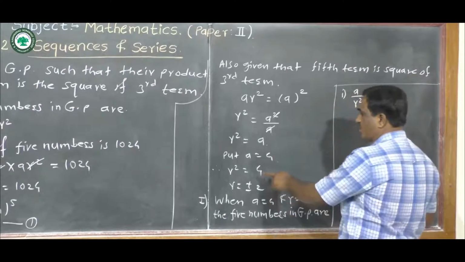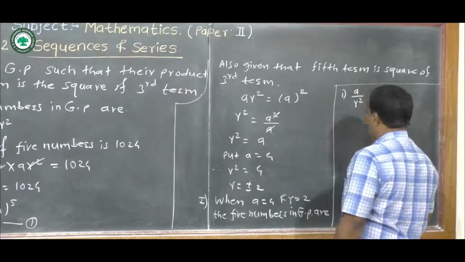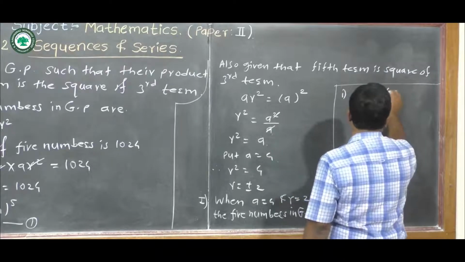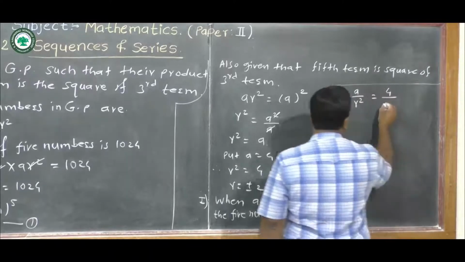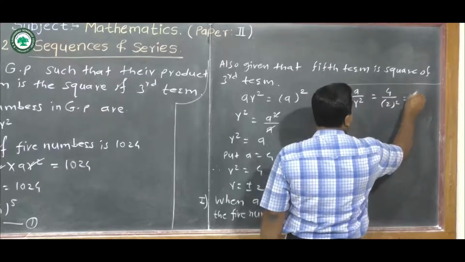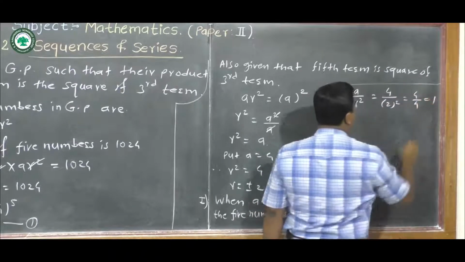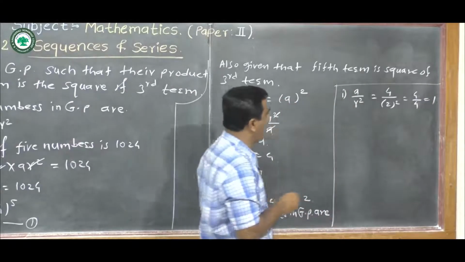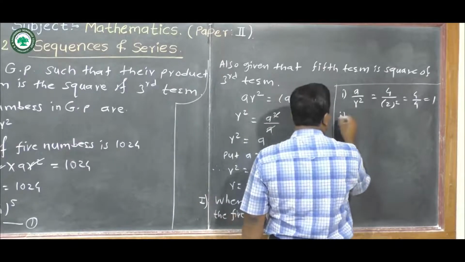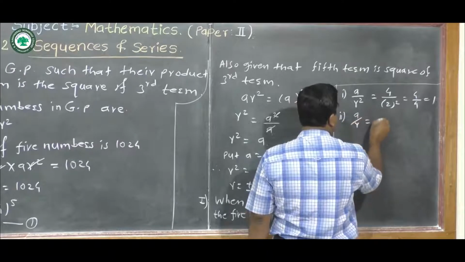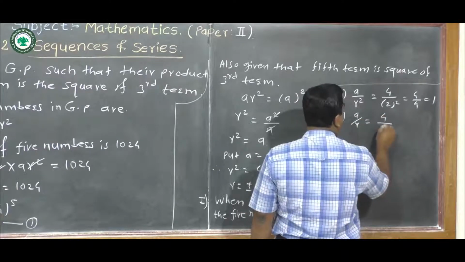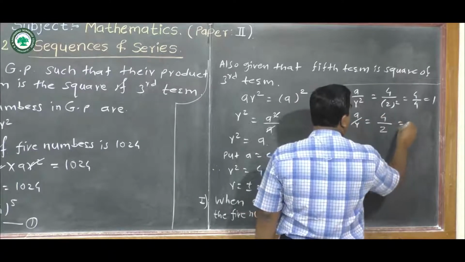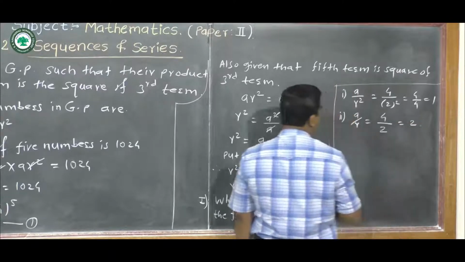A is equal to 4 and r is equal to plus 2. 4 upon 2 square, that is 4 upon 4 is equal to 1. First number is 1. Second number a upon r, that is a is 4, r is equal to 2, 4 upon 2 means 2.